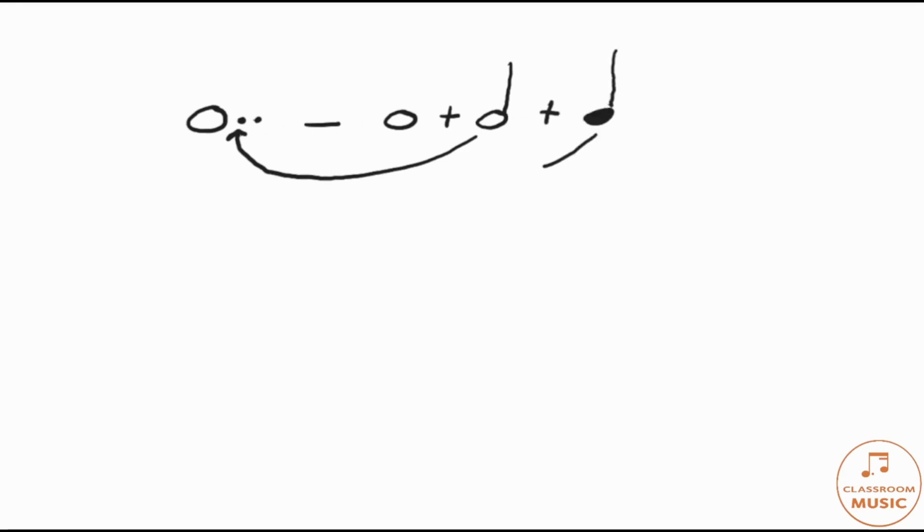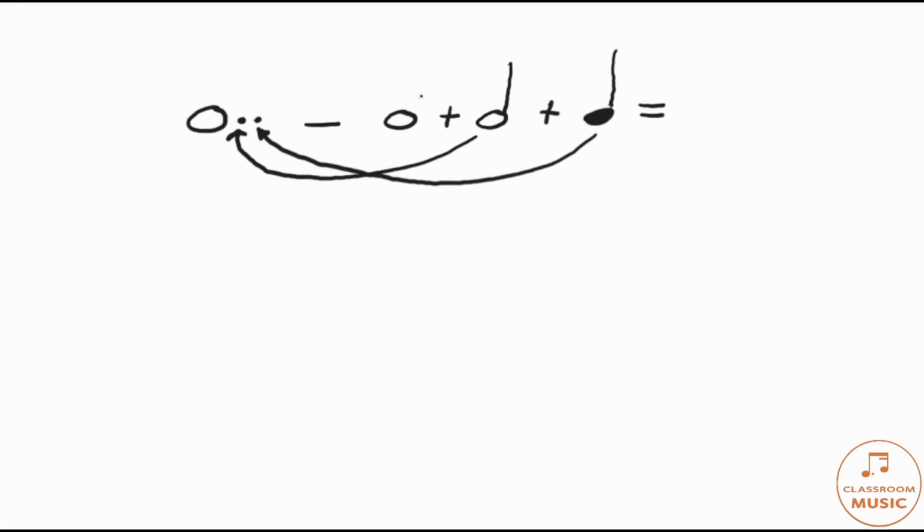Take an example of a double dotted whole note. In this case, the first dot will add 2 beats to the whole note. The second dot will add half the value of the 2 beats, which is 1 beat. So the second dot here represents a 1 beat value, which is half of the first.